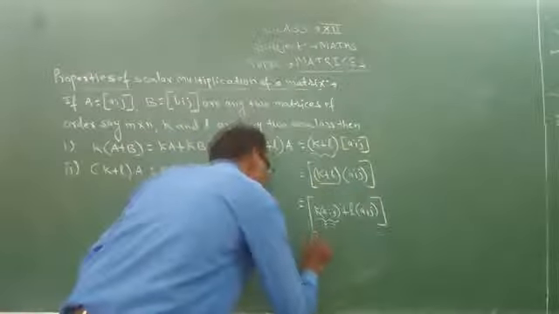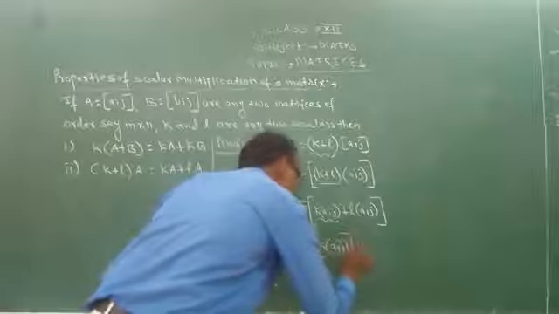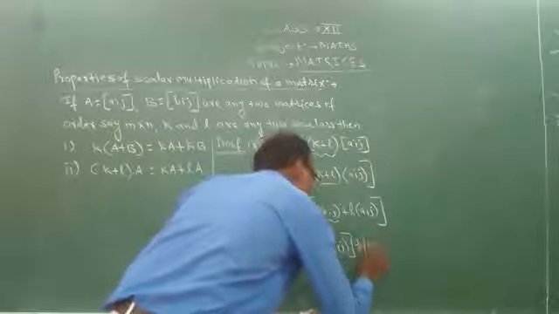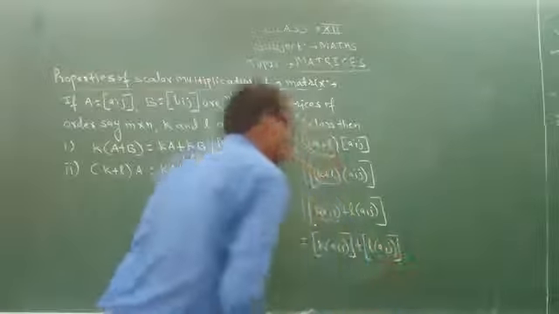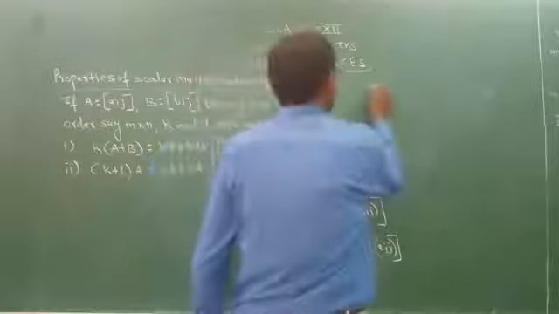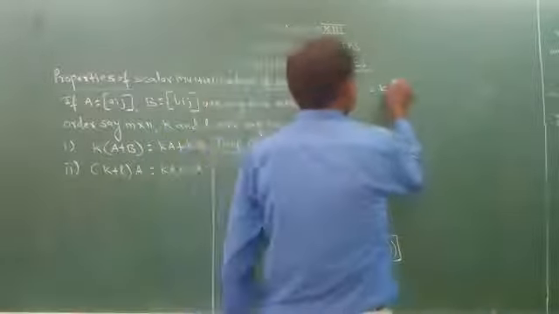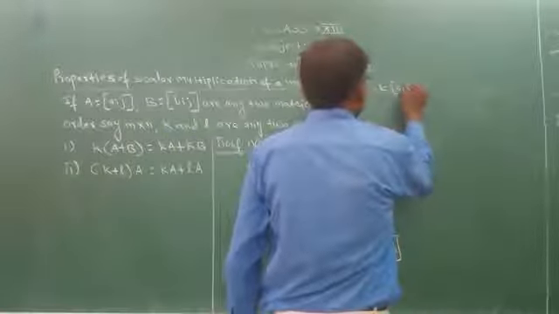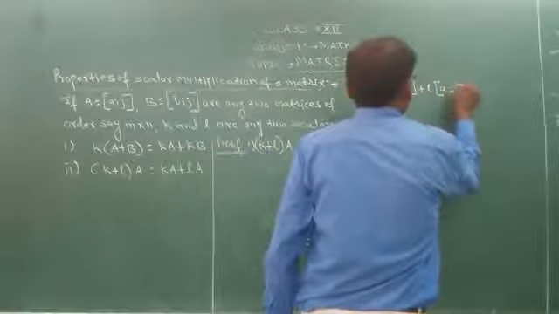So I can separate it. That is K into Aij plus L into Aij. I can take this K as common. K into matrix Aij plus L into matrix Aij.